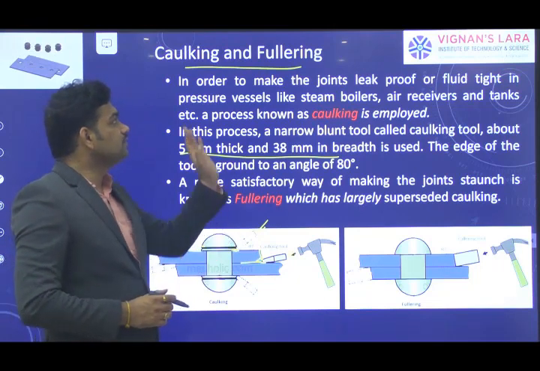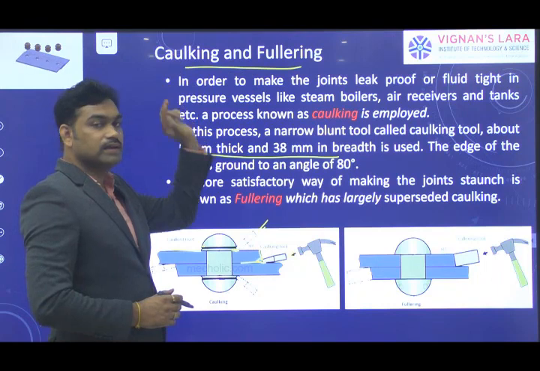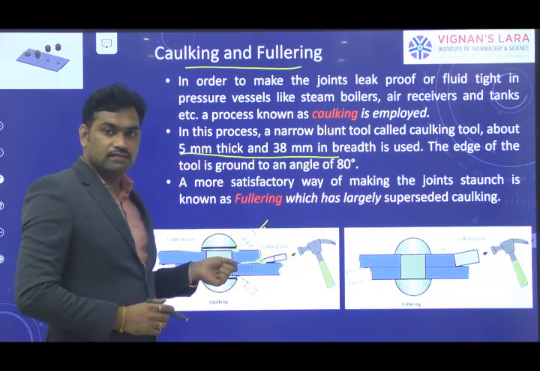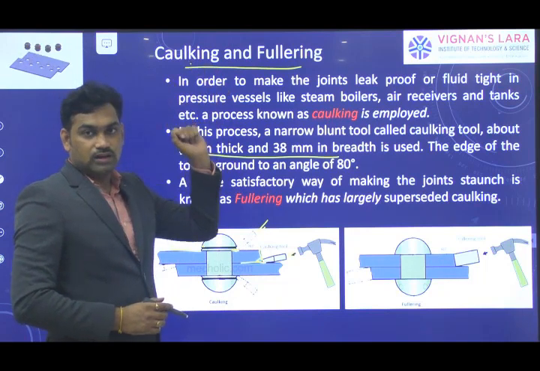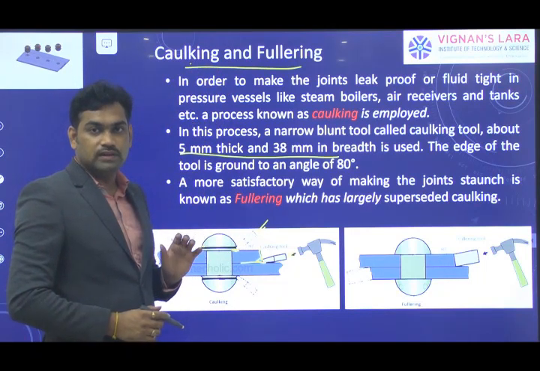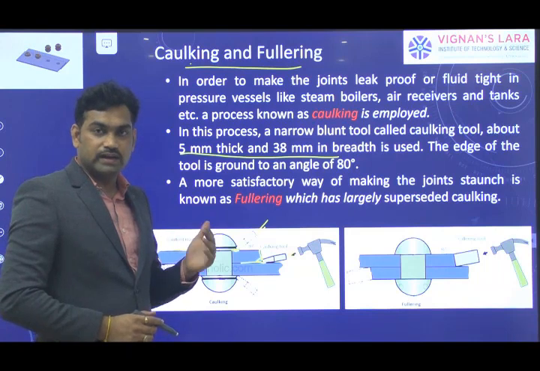And the difference between caulking and fullering: caulking can be done at the edges of the rivets as well as the edges of the plate, and the width of the caulking tool can vary from 5 to 28 or 38 mm.